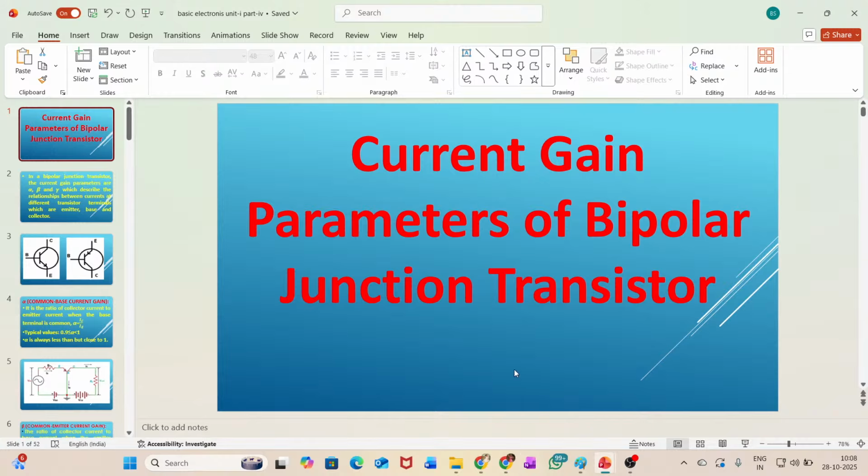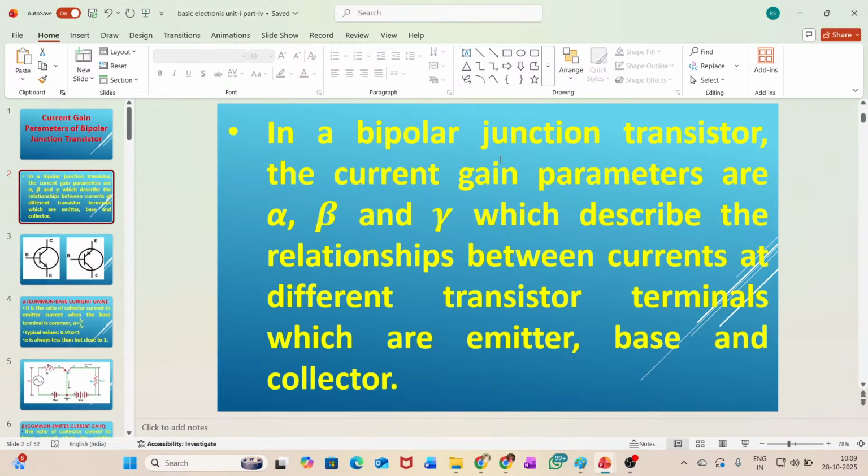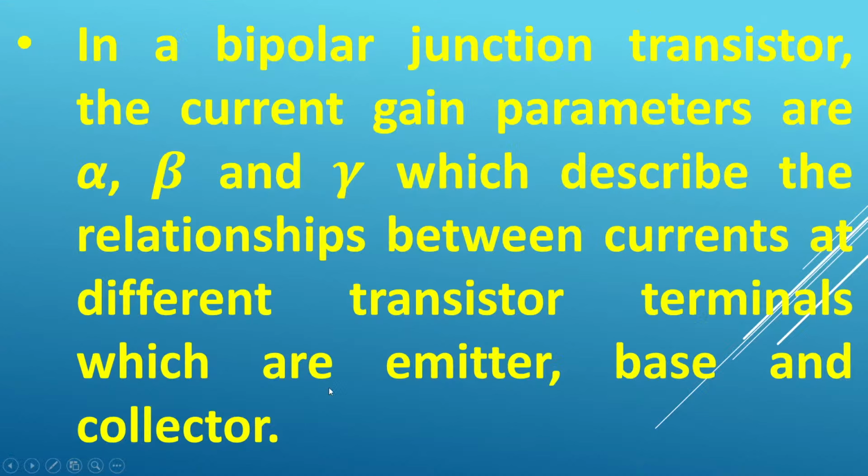Okay, I'm going to start the class. Current gain parameters of bipolar junction transistor. The bipolar junction transistor current gain parameters are alpha, beta and gamma. I will just expand the screen.